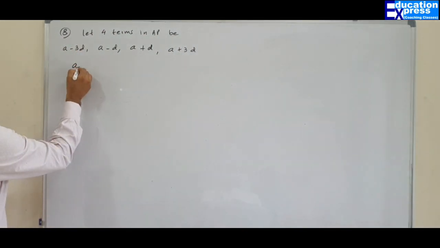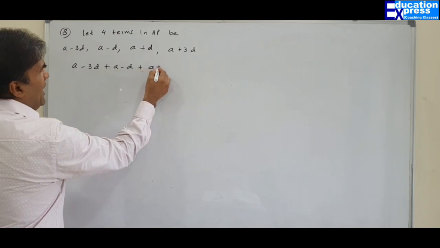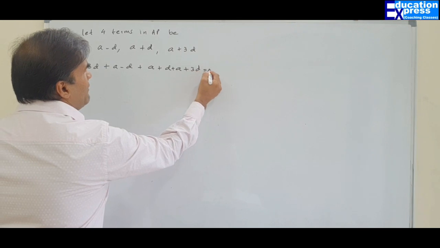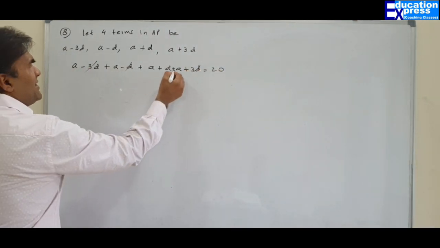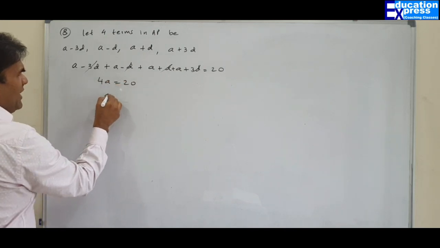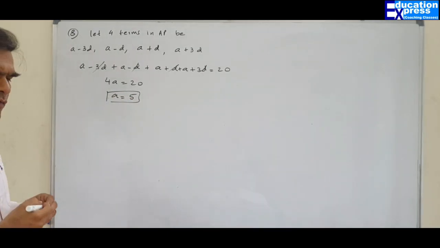So can I say A minus 3D plus A minus D plus A plus D plus A plus 3D equals 20. 3D will cancel with 3D, D will cancel with D, so we are left with 4A. 4A equals 20, A equals 5. We got the value of A.